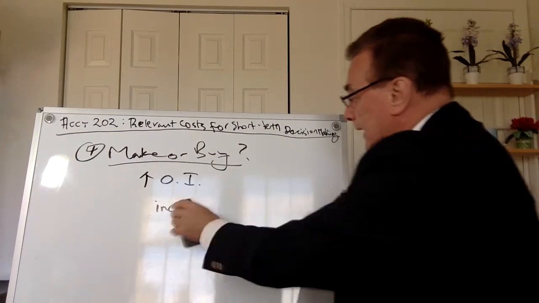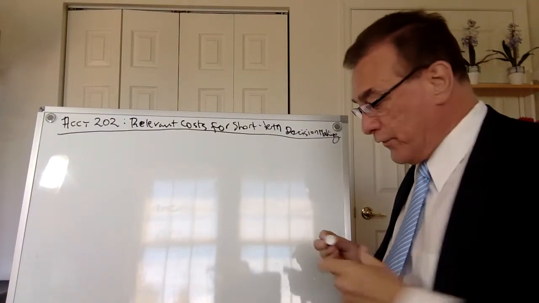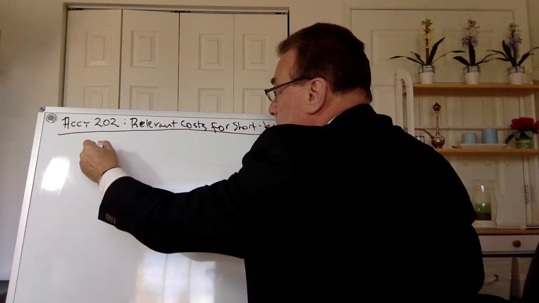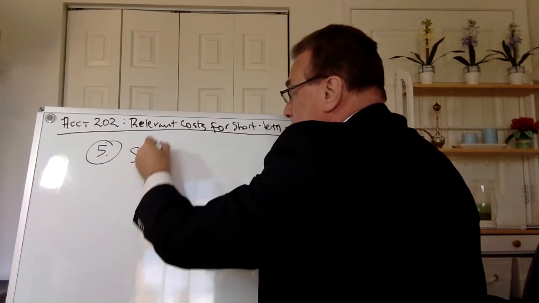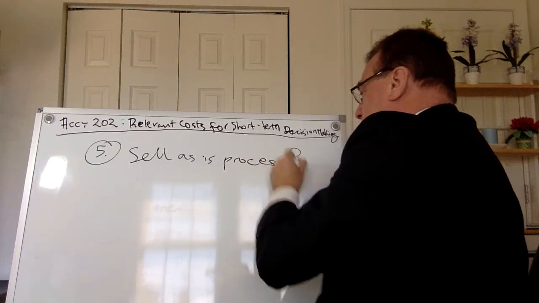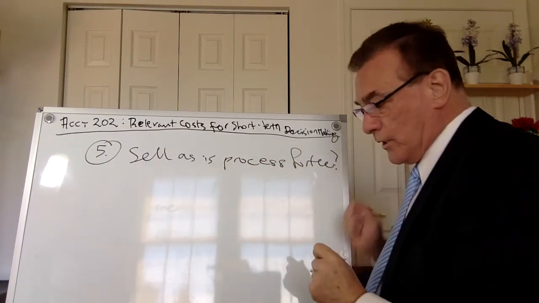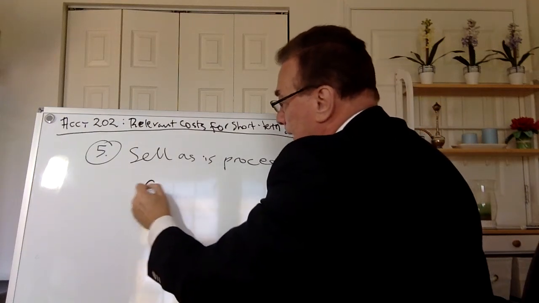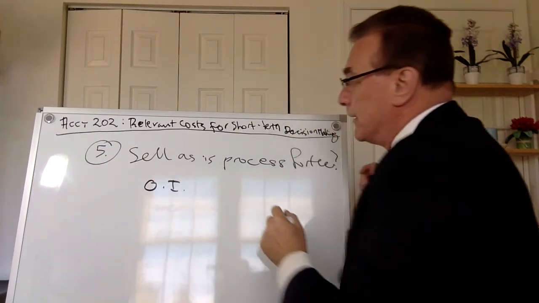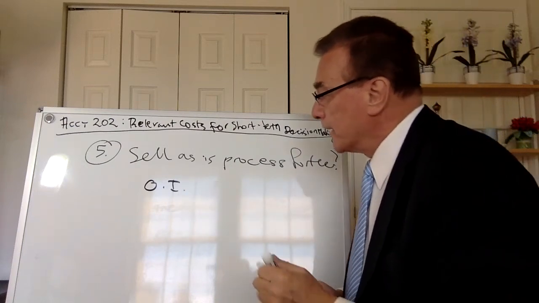All right. And the last one, number 5 of this topic in the overview, is to sell as is or process further. Once again, it comes down to what's the overall effect on operating income. Now, if you sell as is, what will that operating income be?